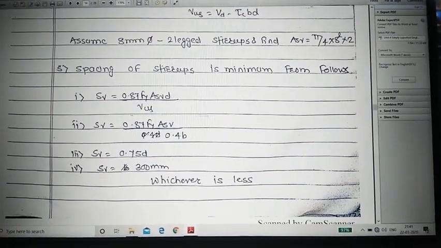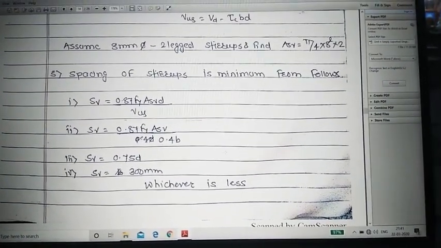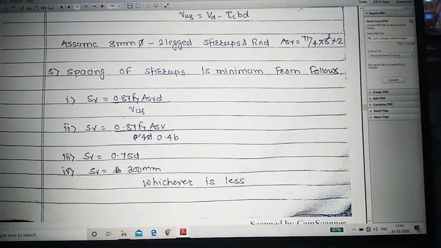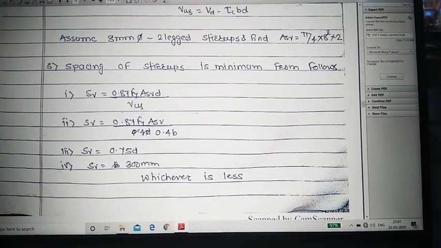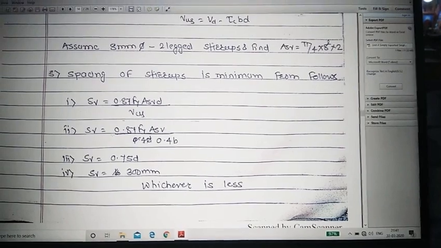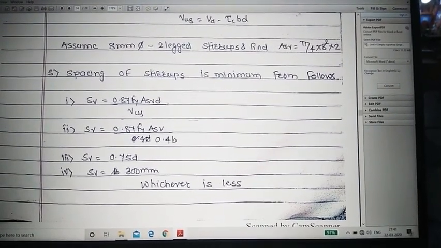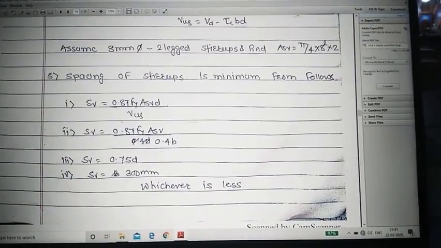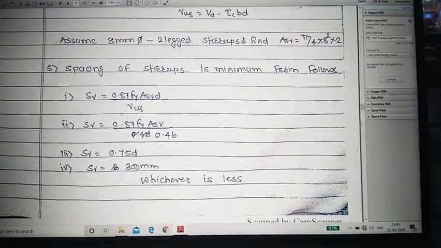Once you calculate the area of stirrups, then go to the calculation of spacing of stirrups, and the spacing of stirrups should be the minimum from these four formulas. Sv equals 0.87 fy Asv d divided by Vus. Second formula is Sv equals 0.87 fy Asv divided by 0.4 b, and next is Sv equals 0.75 d and 300.